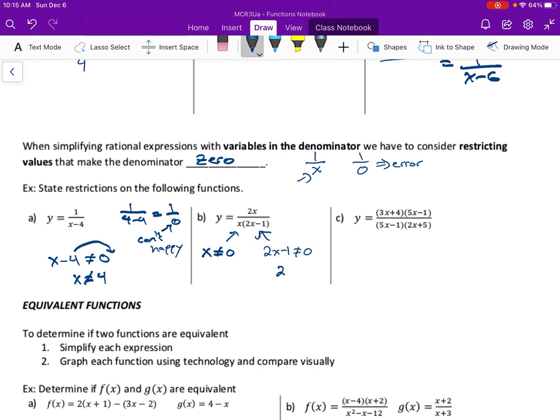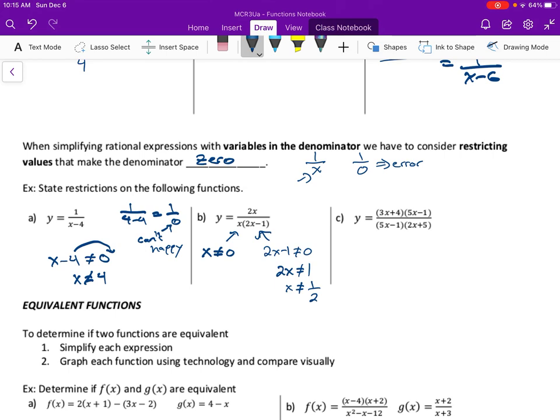And then I try to solve for x, and so I end up with x cannot equal 1 over 2. And if I was to sub in 1 over 2 for x, you would find that that would make the denominator equal to 0. And so you don't have to think about the numerator because you're allowed to have 0 in the top, just not 0 in the bottom.